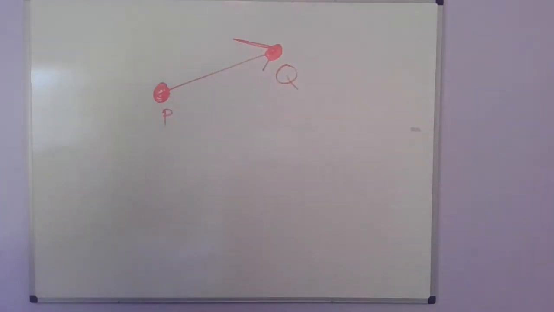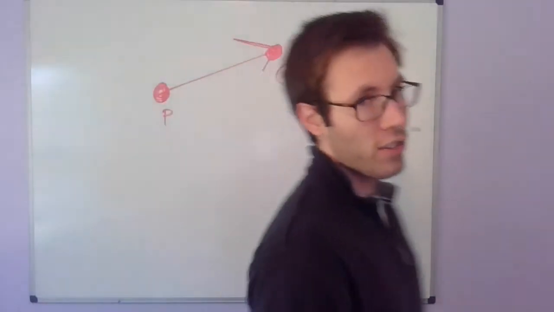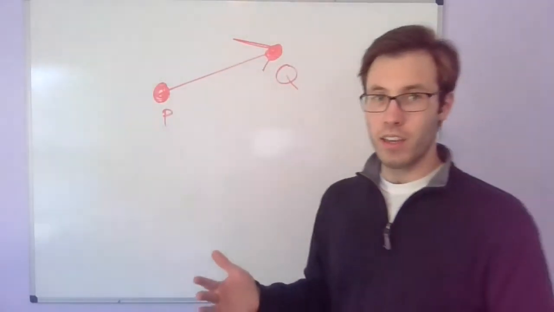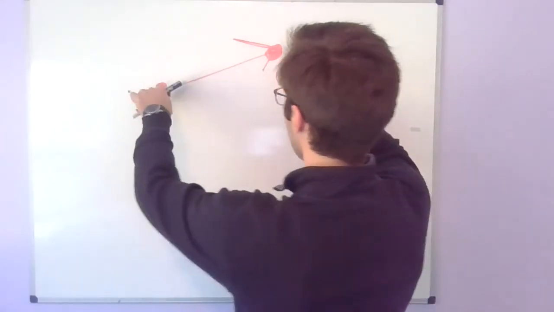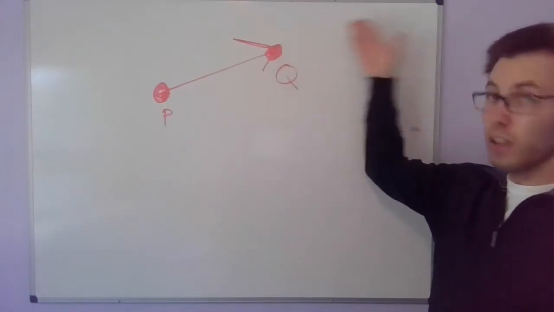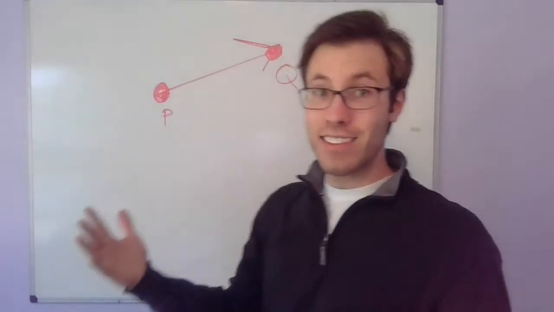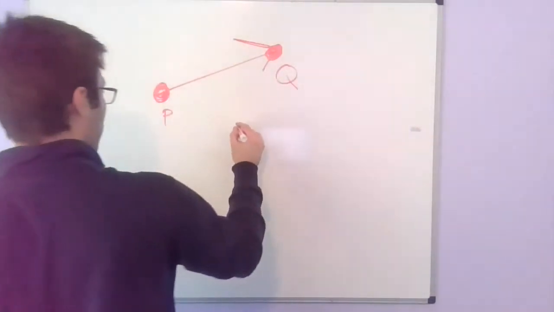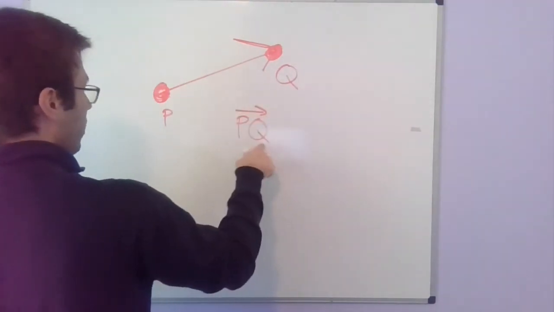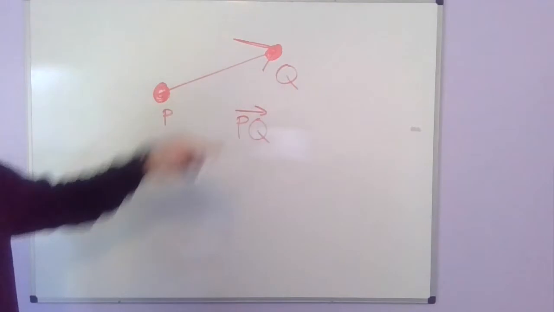It's easy to conflate vectors with rays in geometry. A vector is a finite thing. It's only going from P to Q. It's not like it's going on forever. A ray would be going on forever, and it has the same notation as well. So this would be denoted as the vector from P to Q. That's how we would denote that vector there.